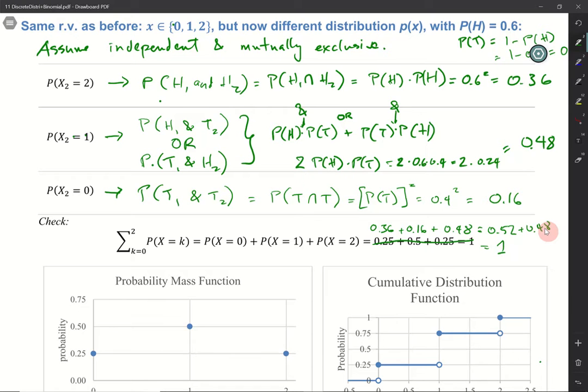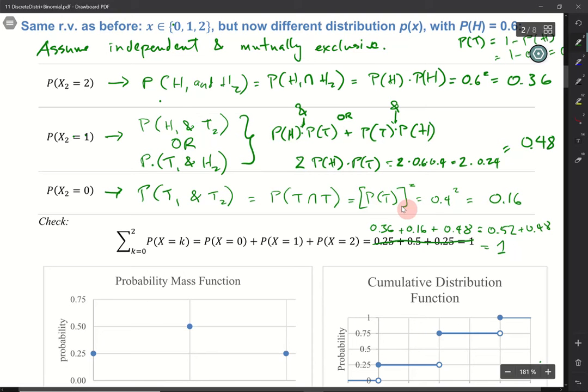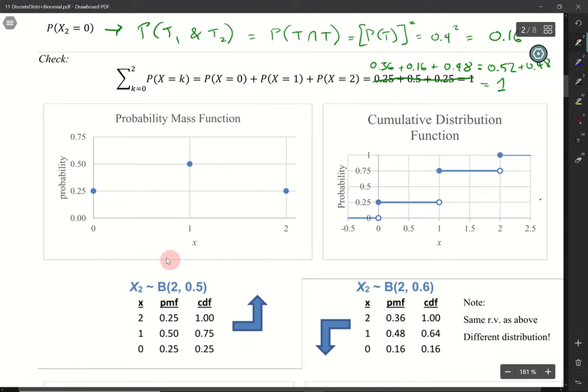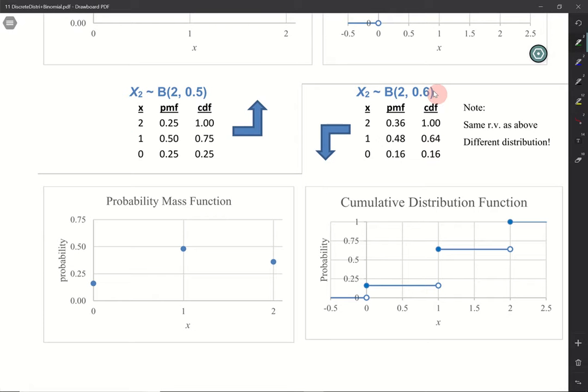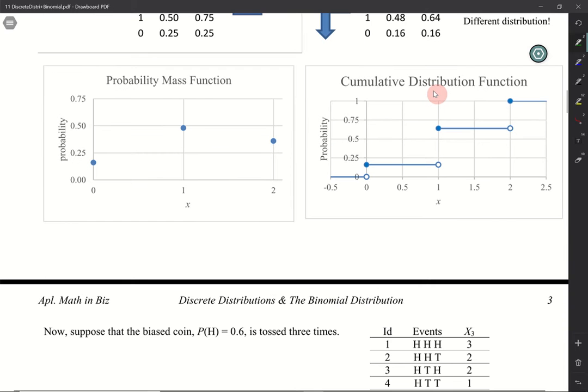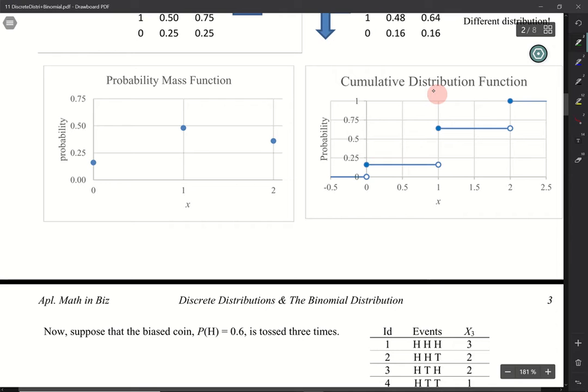Okay, so now let's take a look. These two different cases that we've been looking at are actually instances of what's called the binomial distribution.